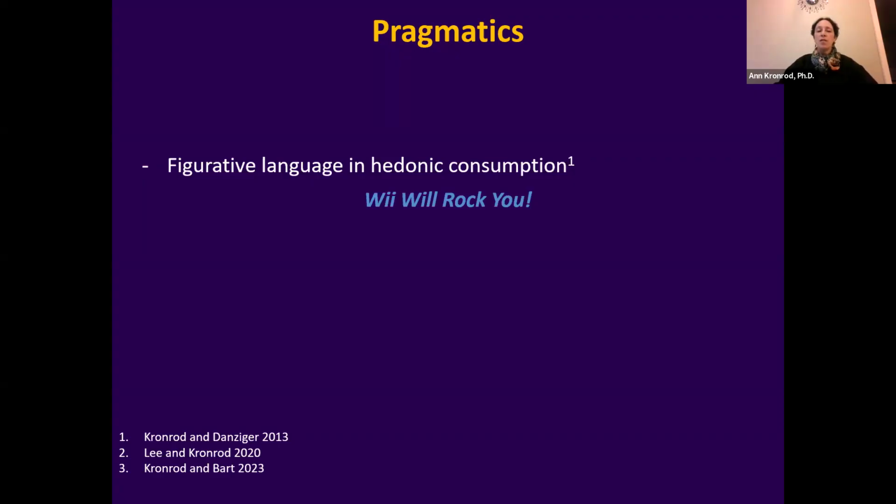So it used a paraphrase of a famous song by Queen, but it also used the name of the product itself. And this way, in a figurative way, which is an indirect way of conveying things, it conveyed the point that it was a review for the Wii, the game console.